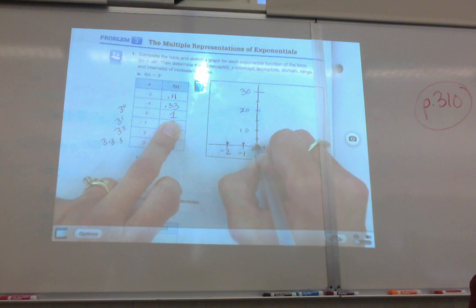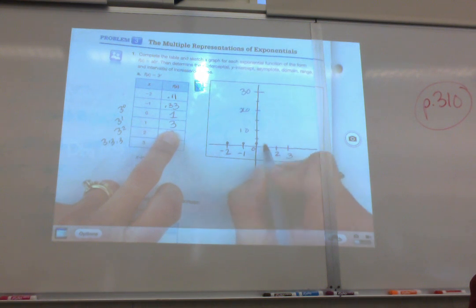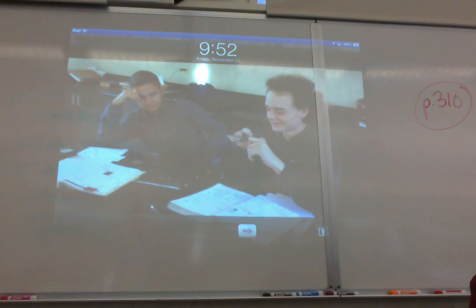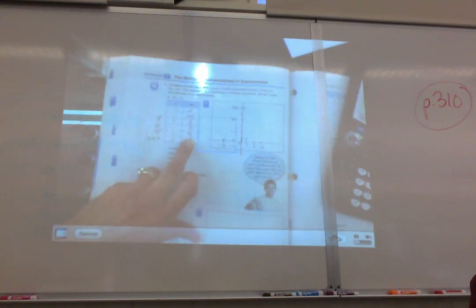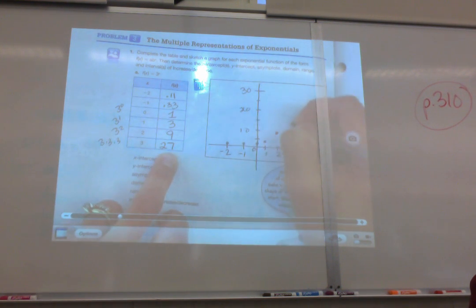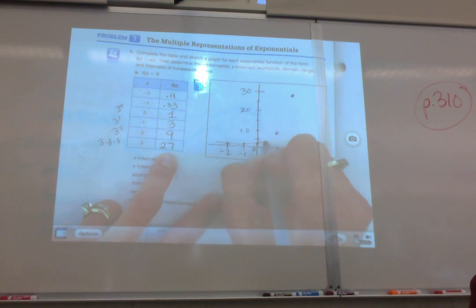Now this is 5, so it's not going to be very high. And then at 1, I'm up to 3. Tiny bit, but still not to my first mark. Finally, 2 is at 9. 3 is at 27. So there's my swoop.